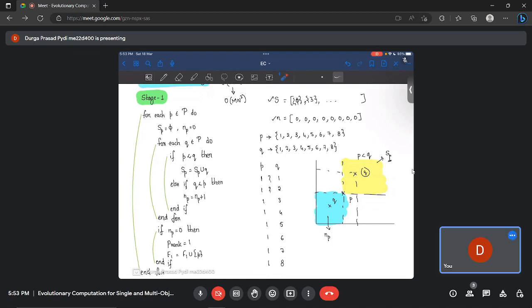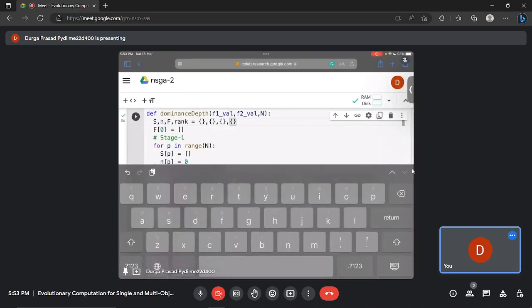SP will tell you, similar to the dominance rank method, what solutions are being dominated by the current solution, and NP will tell you how many solutions are dominating the given solution. Initially you define all of them to be empty, and here for rank, instead of 1, we are using 0. The index will start from 0, so 0 indicates rank 1, 1 indicates rank 2, so you have to increase the value by 1 to get the actual rank.